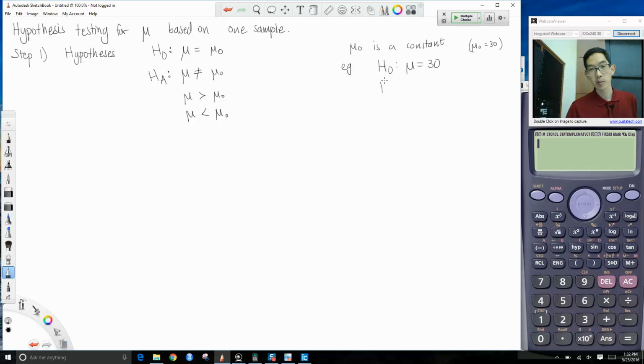So it could be, the alternative would be mu is greater than some value 30, okay? So it's always going to be mu is equal to some number, and mu is greater than or less than or not equal to the same number, okay? And what you select depends on how the question is written, okay?